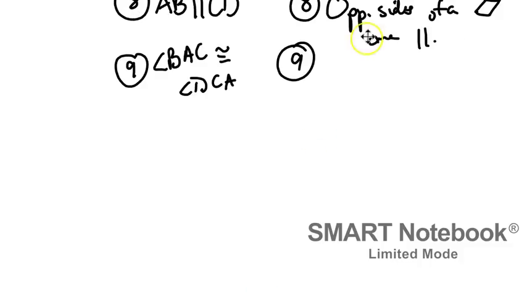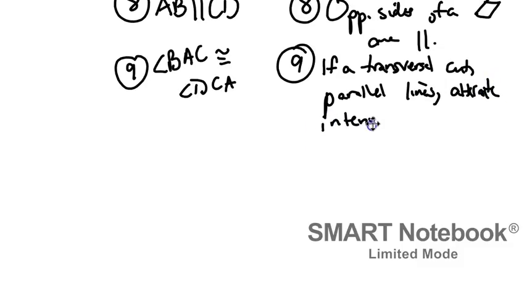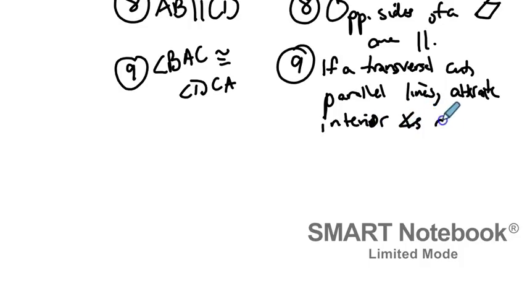That's because if a transversal cuts parallel lines, then alternate interior angles are congruent.